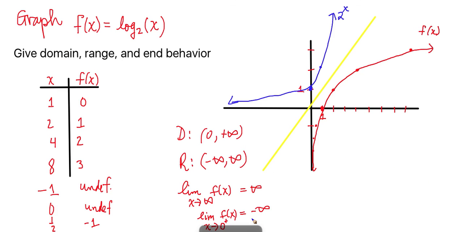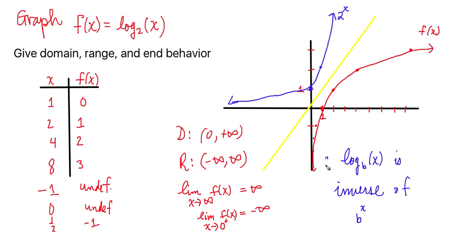Okay? So one major point that we can take away from this is that log base b of x is the inverse of b to the x. So I guess we'll call this f and this one g. It doesn't really matter how you name them.